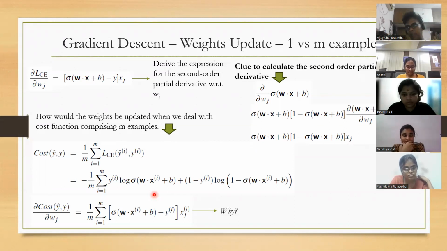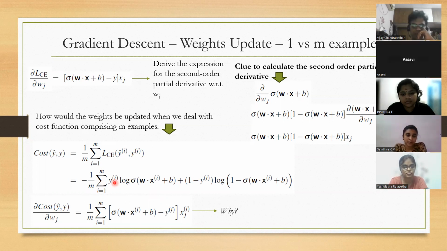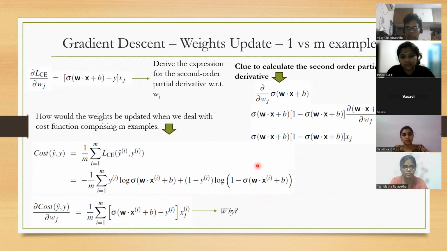Earlier, we were dealing with one data point. Now you're dealing with m data points. So we put this superscript i, and imagine this whole thing to be the cost function for one example or one data point, if I may say so. You sum it up and then divide it by the total number of data points, which is m.